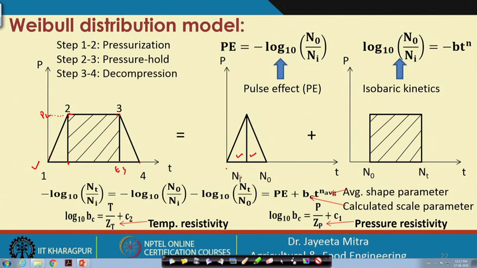Initially we had Ni microorganisms, sorry, here Ni is the initial number and No is what we attain after a certain time.